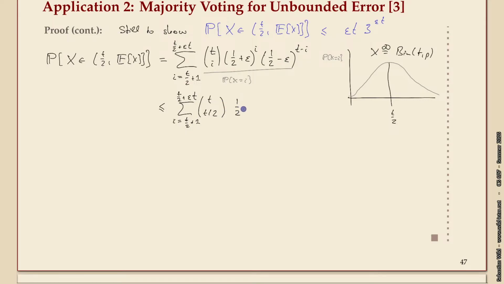Then we have (1/2 plus epsilon) to the t/2, (1/2 minus epsilon) to the t/2. So largest summand. And you can upper bound this binomial coefficient.